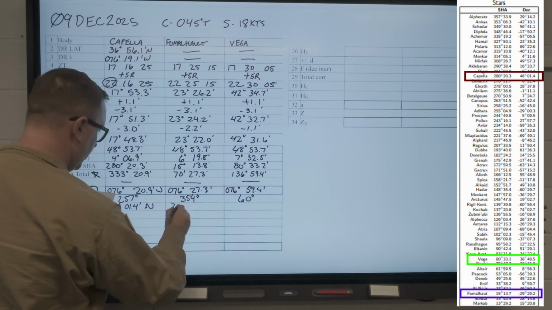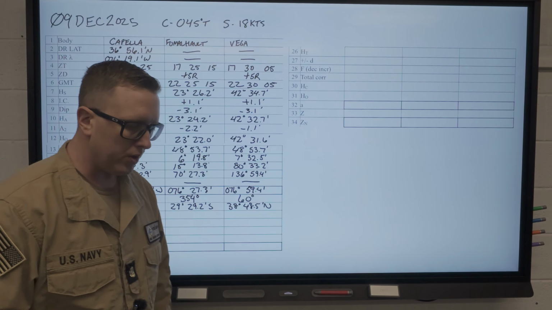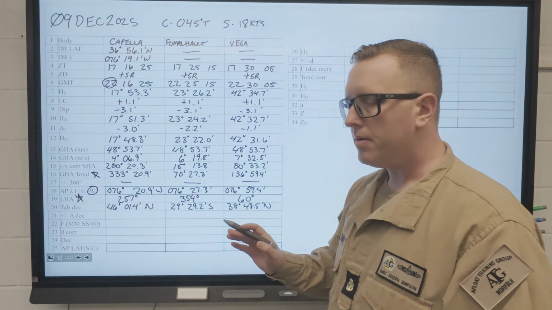Declination of Fomalhaut, 29 degrees, 29.2 degrees south. And Vega, 38 degrees, 48.5 north. Now, 21 through 23, that is if you had a correction to those. The stars' declinations do not change that often.